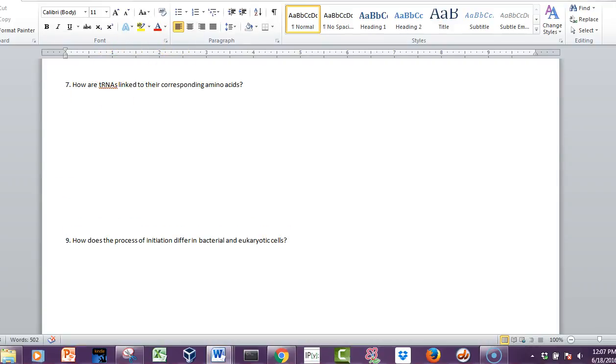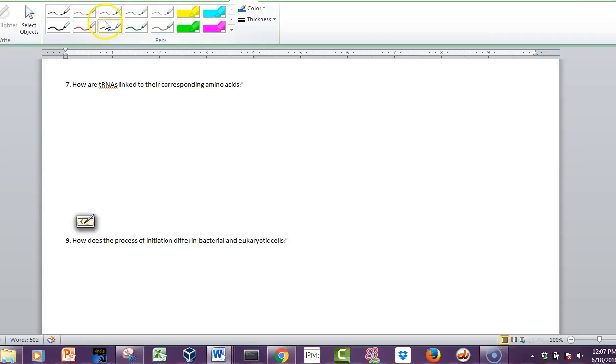All right. How are tRNAs linked to their corresponding amino acids? So there's a bunch of enzymes in the cell that will recognize a particular tRNA. So here's a tRNA. Whoa, it's really hard to draw tRNAs with this pen. All right, so we'll just pretend that's tRNA.